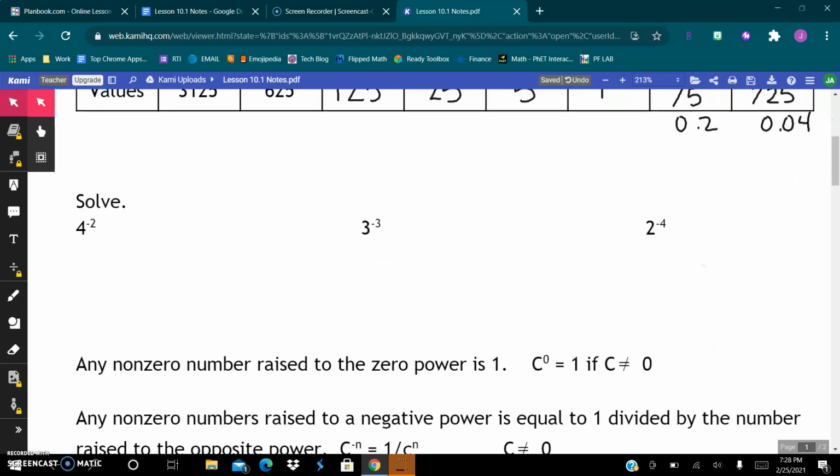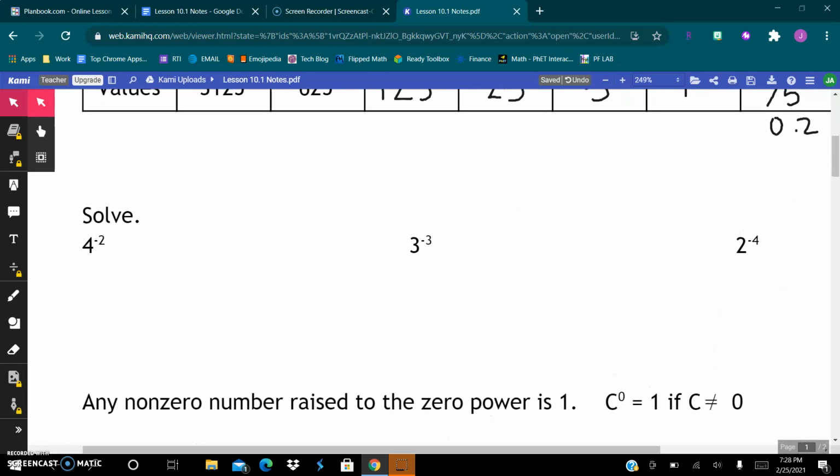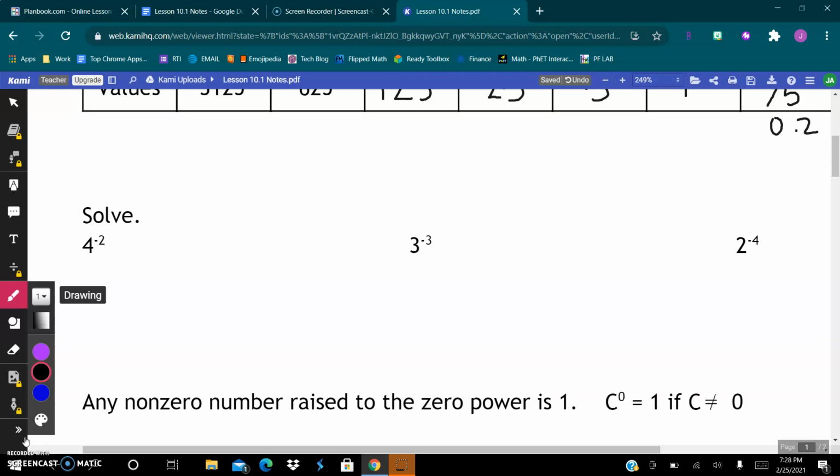All right, for this example, we have to solve. 4 to the negative 2nd power would be 1 over 4 to the 2nd power, and 4 to the 2nd power is 16, so this is 1/16. So anytime you see a negative, we know we have to have a fraction answer. 3 to the negative 3rd is 1 over 3 to the 3rd power, and 3 times 3 times 3 would be 27.